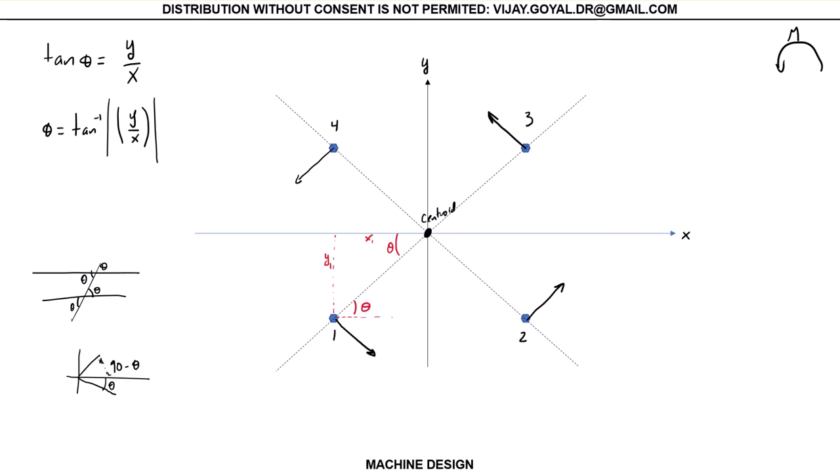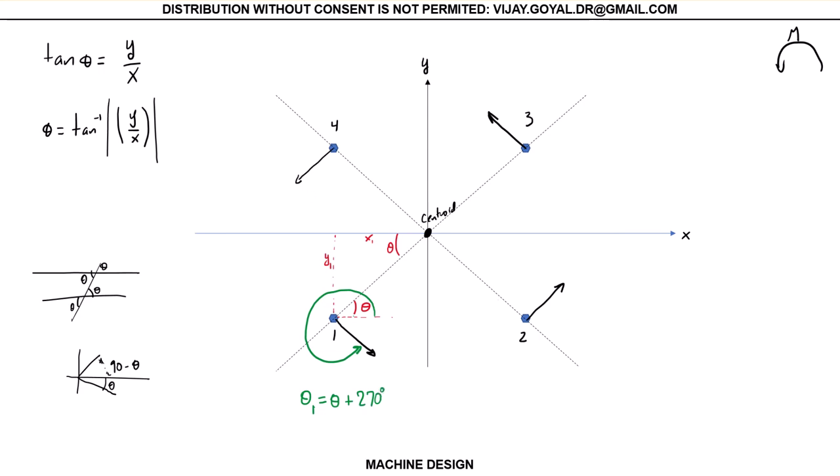I am interested in the theta that goes from this axis all the way to here. This typically is given. So angle number 1 will be nothing else than theta plus 270 degrees.